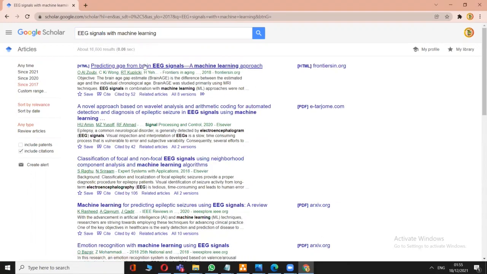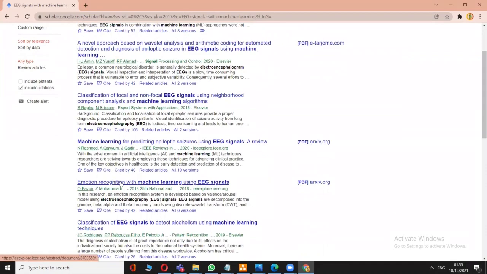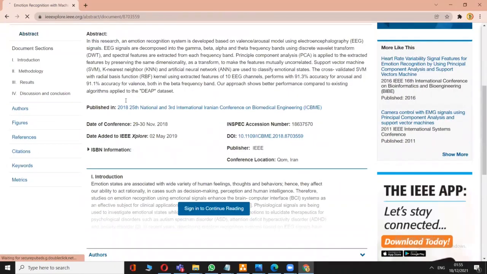Then you will get results like this, predicting age from brain EEG signals, a machine learning approach, classification, things like emotional recognition. We'll see this one, I'm interested in that. Here the IEEE is there.